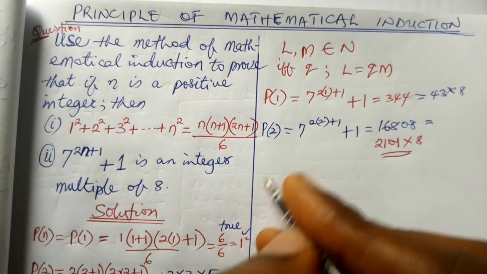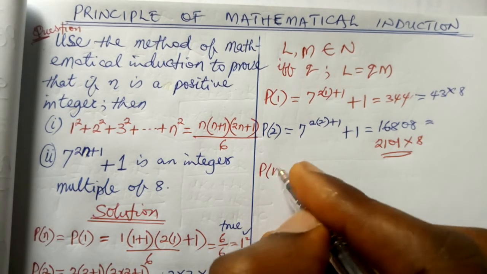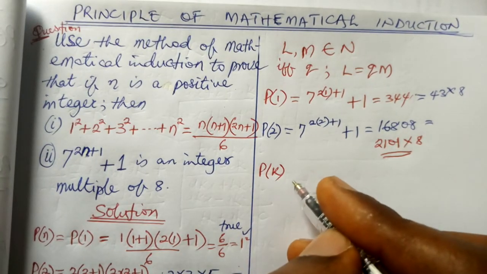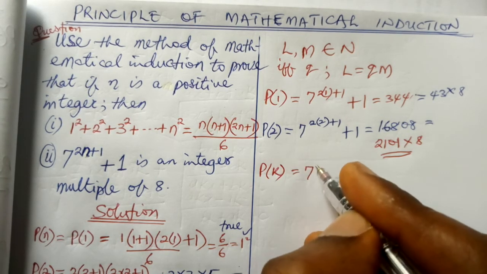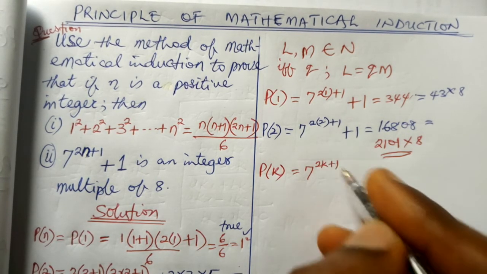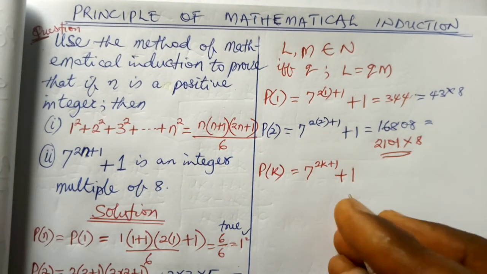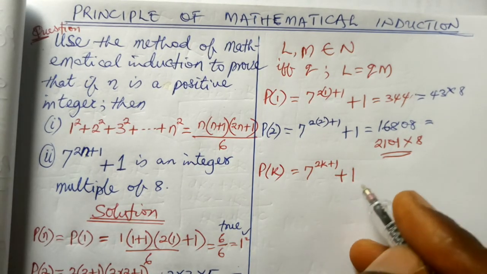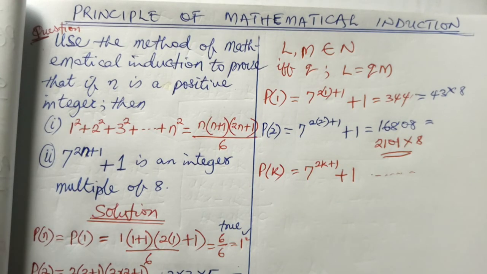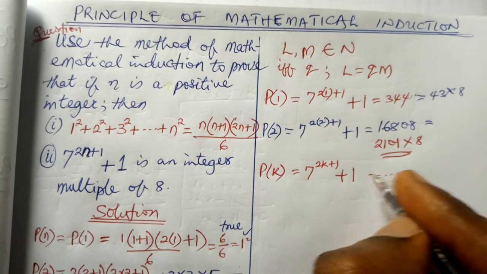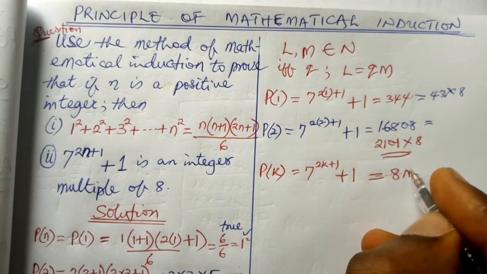So we now assume that P of k is true, and if that is true, that will be 7 raised to power 2k plus 1, plus 1, is an integer multiple of 8. So we can say it's equal to 8m.